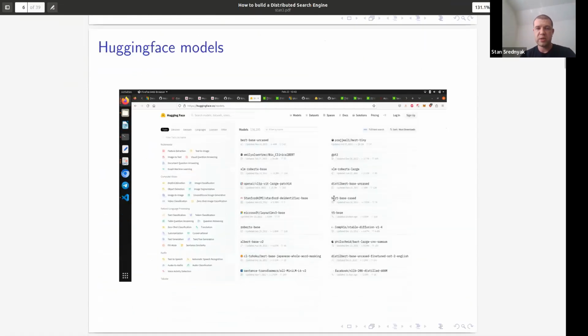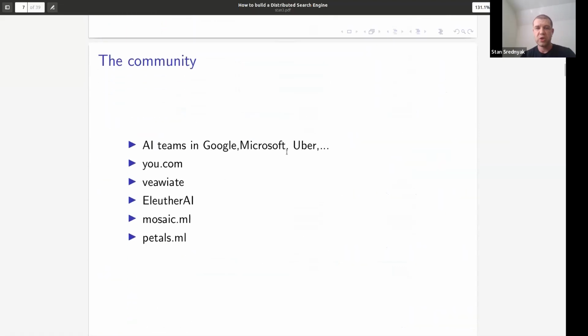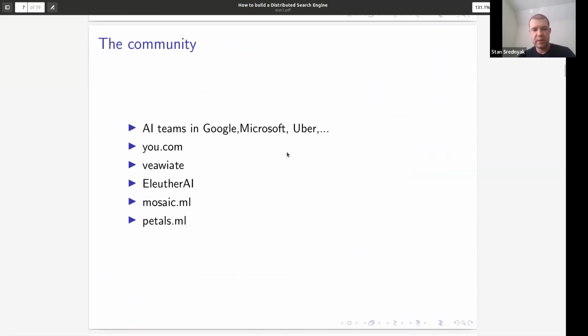Here's a screenshot of the Hugging Face models list, and you see that there are literally thousands of different models. If we are talking about decentralizing search, then we have to keep in mind what kind of community stands behind search these days.